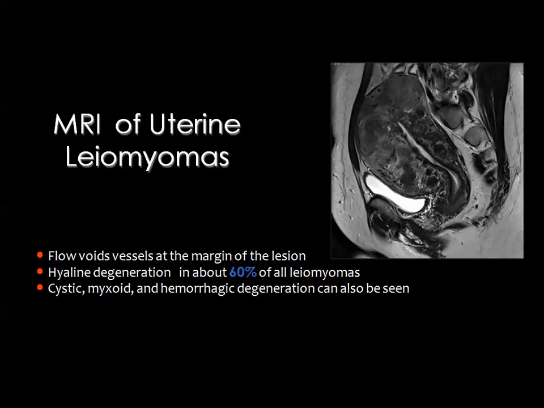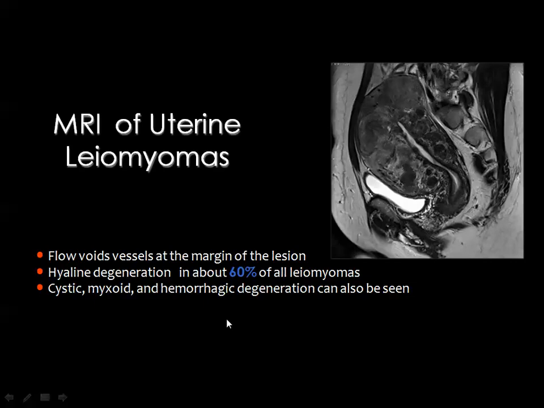Then uterine fibroids may show some signal void vessels at the margin of the lesion because they are vascular lesions. They may undergo hyaline degeneration or cystic degeneration or hemorrhagic degeneration, myxoid degeneration.